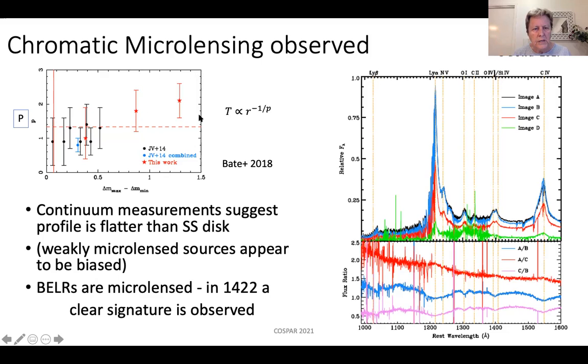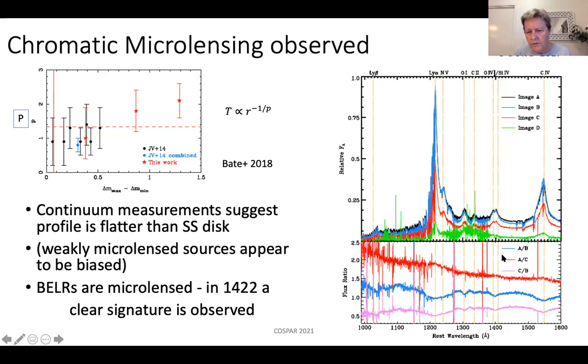And you can see that in fact it gives some indication of the temperature profile of the continuum. And our best estimate from this work was that it was not consistent with a Sunyaev disk, which is of course a very important result.